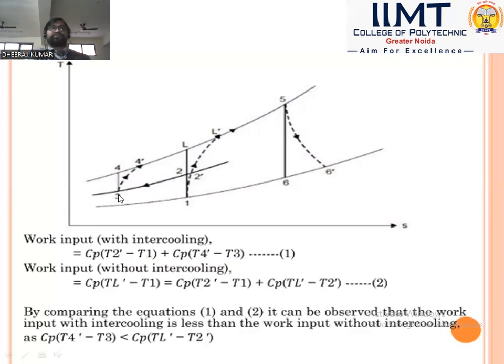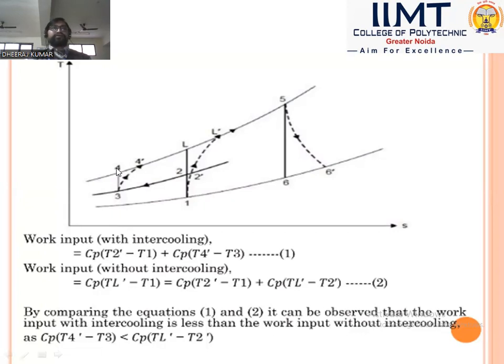The temperature decreases from T2 to T3, and after point 3, the compressed air is supplied to the high pressure compressor. So again pressure is increased from P3 to P4 and temperature is increased from T3 to T4.